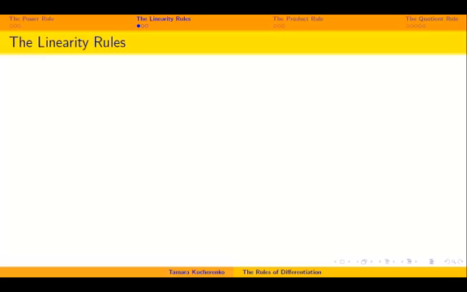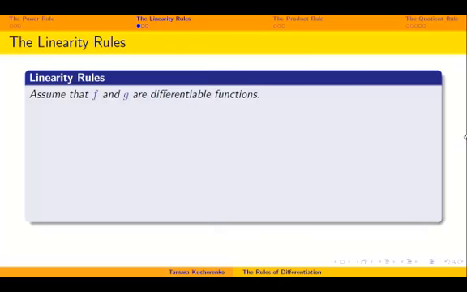Next, we state the linearity rules for the derivatives, which are analogous to the linearity laws for limits. Assume that f and g are differentiable functions.